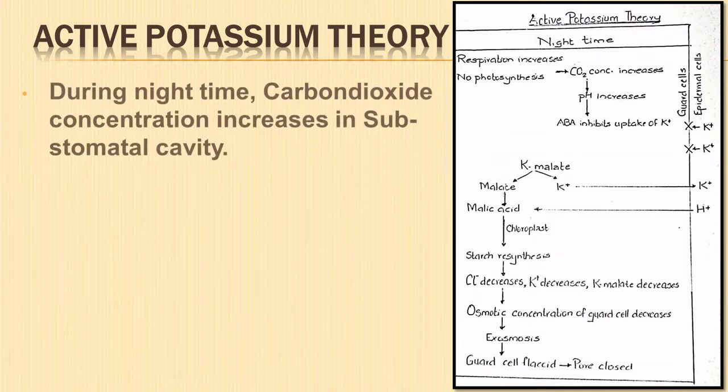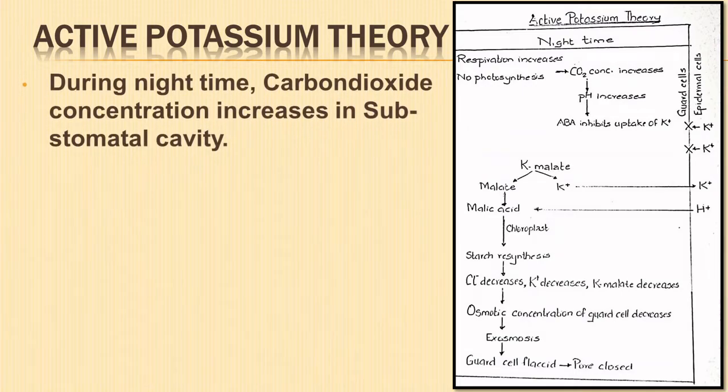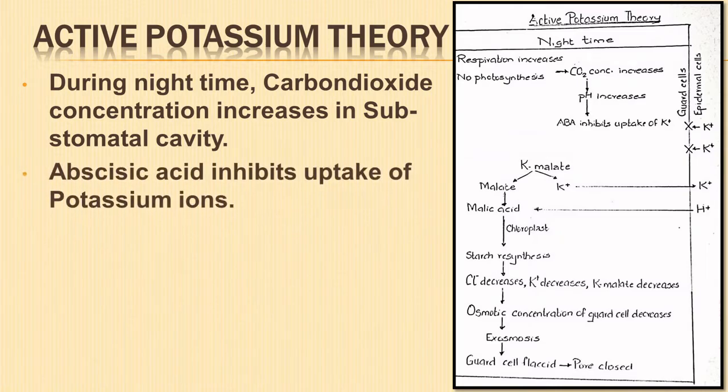During night time, in the absence of photosynthesis, the carbon dioxide concentration increases in the substomatal cavity. Inhibitor abscisic acid inhibits the uptake of potassium ions.